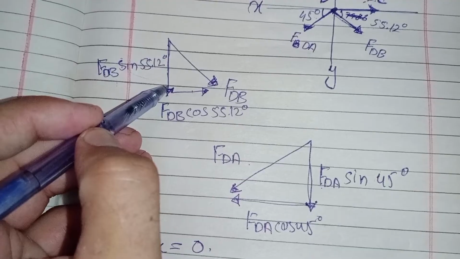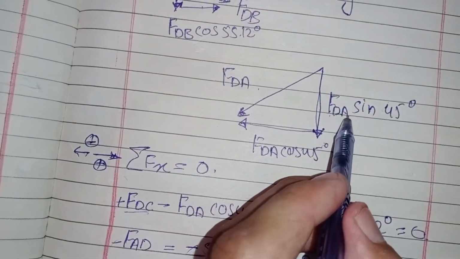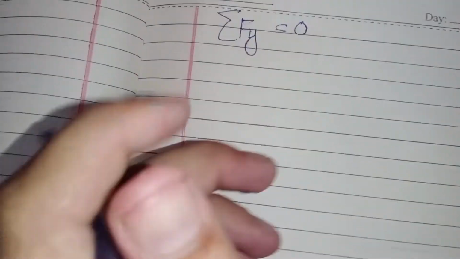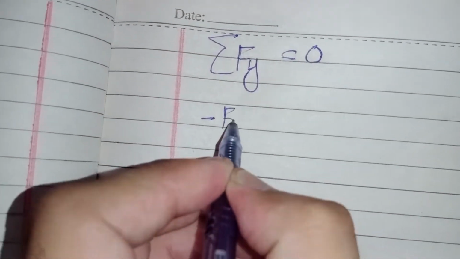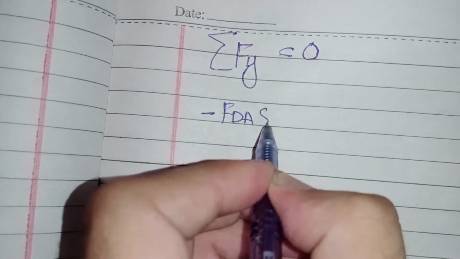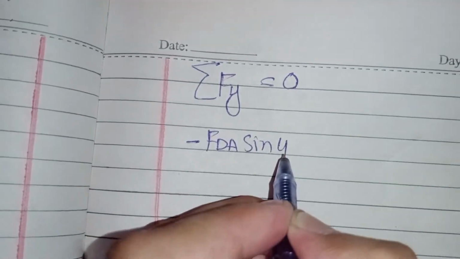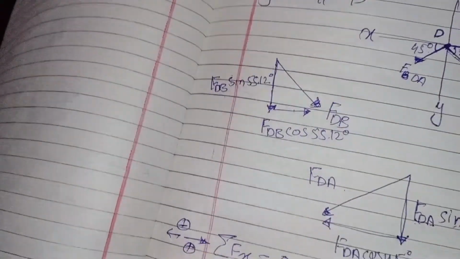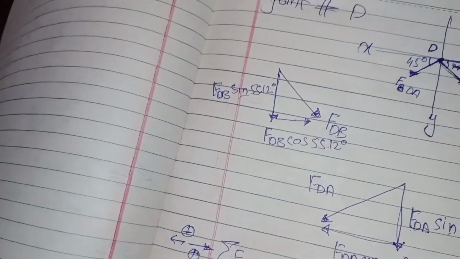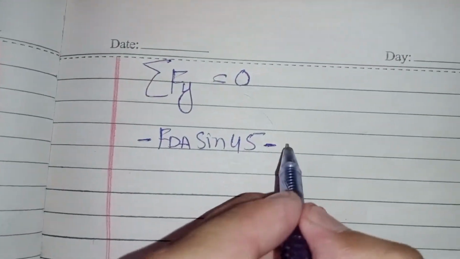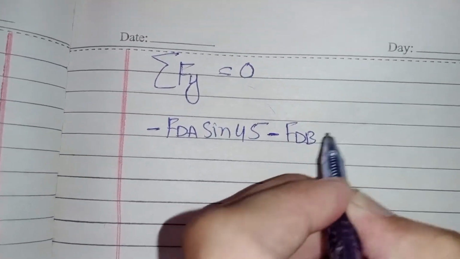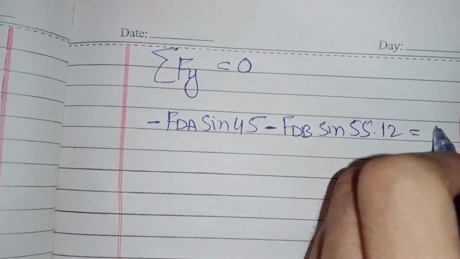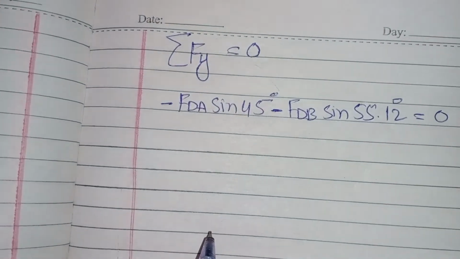So FDA sine 45, negative FDA sine 45, also negative FDB sine 55.12, equal to 0.